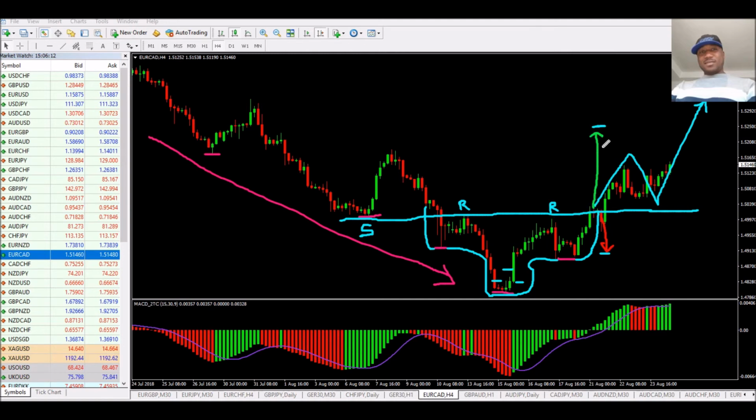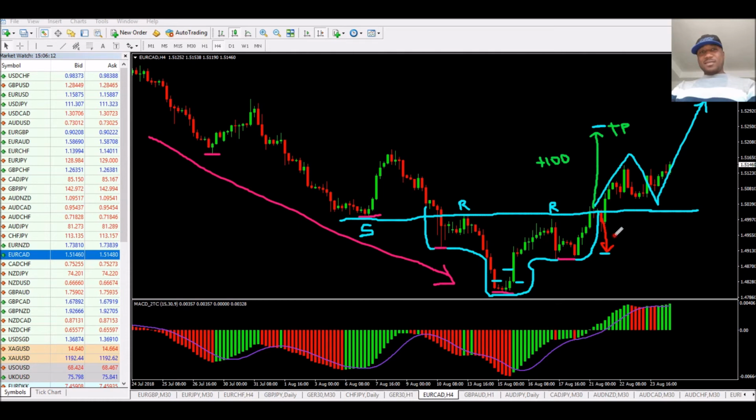So if your take profit is this point, TP, 100 pips, and then here you will have your stop loss, 50 pips. So at this point, let's say plus 100 pips is going to be your take profit, and your stop loss is going to be 50 pips.